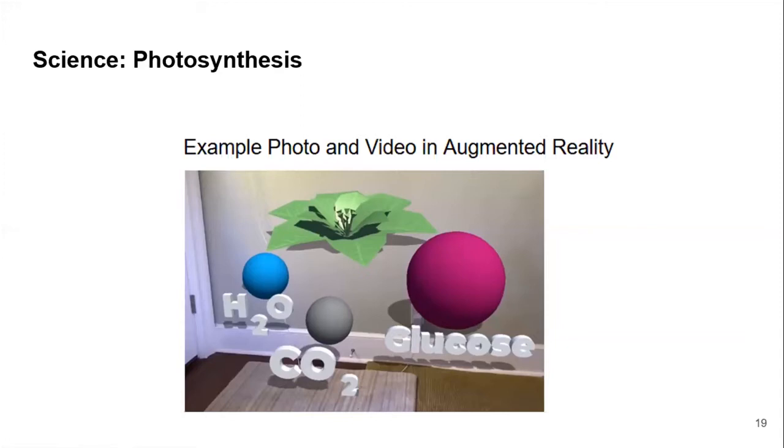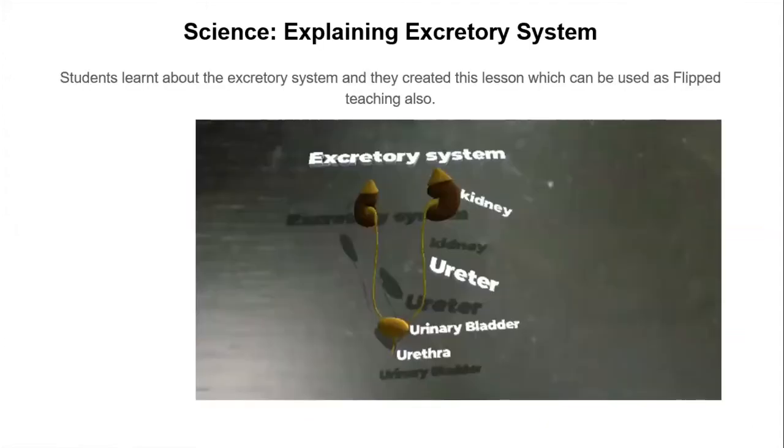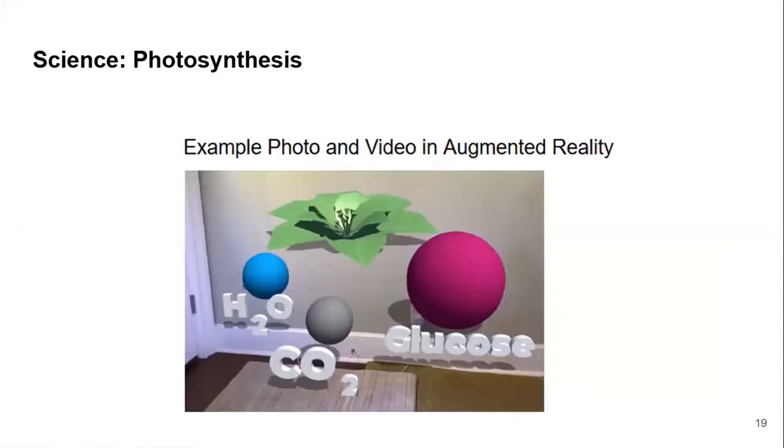The previous lesson was used as a flipped lesson: the students made this model, and it was used by the teacher explaining the topic photosynthesis in science.